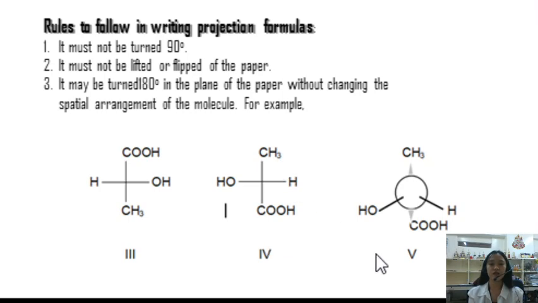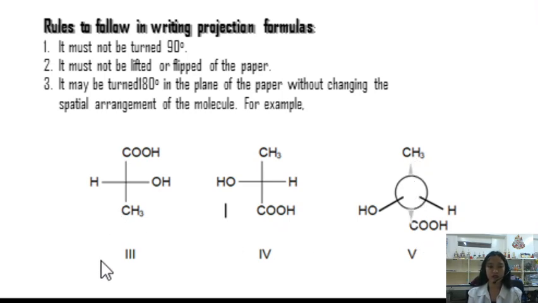So, when you write it into a three-dimensional structure, you have the circle as the carbon center, and then, sabi ko nga, the atoms located at the horizontal line will be projected towards the observer, and the atoms found on the vertical line will be projected backwards.